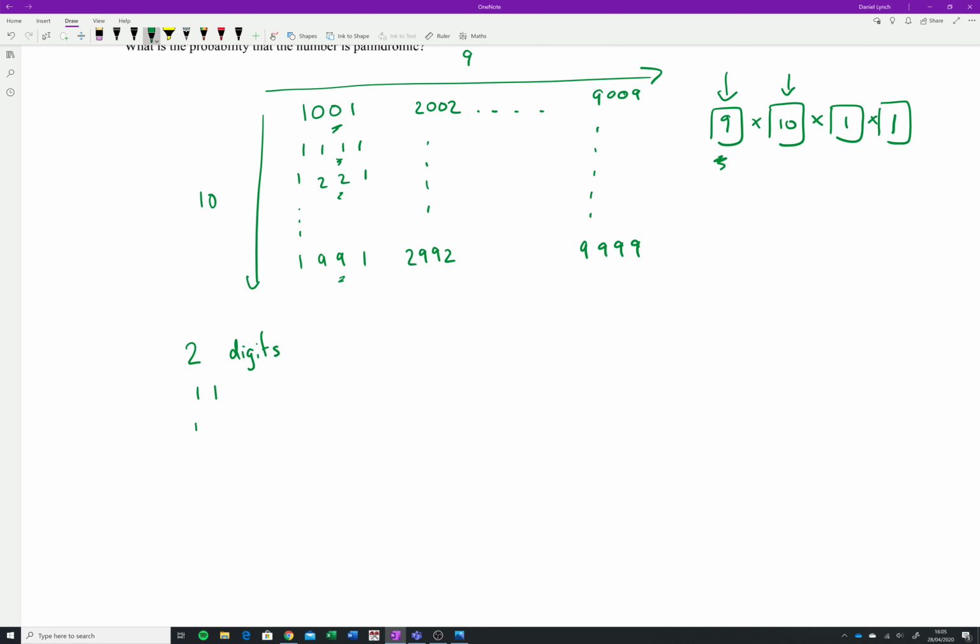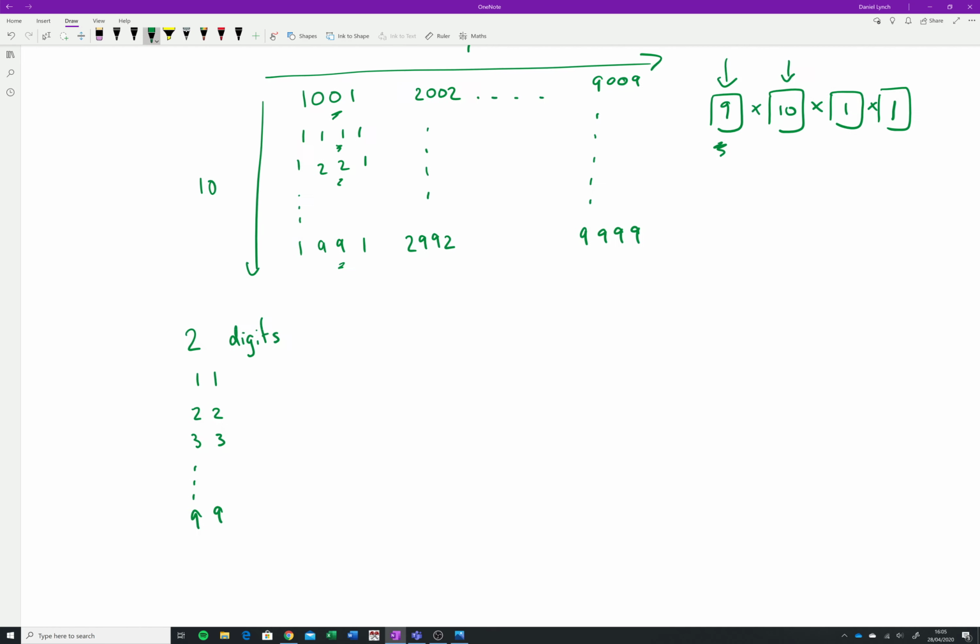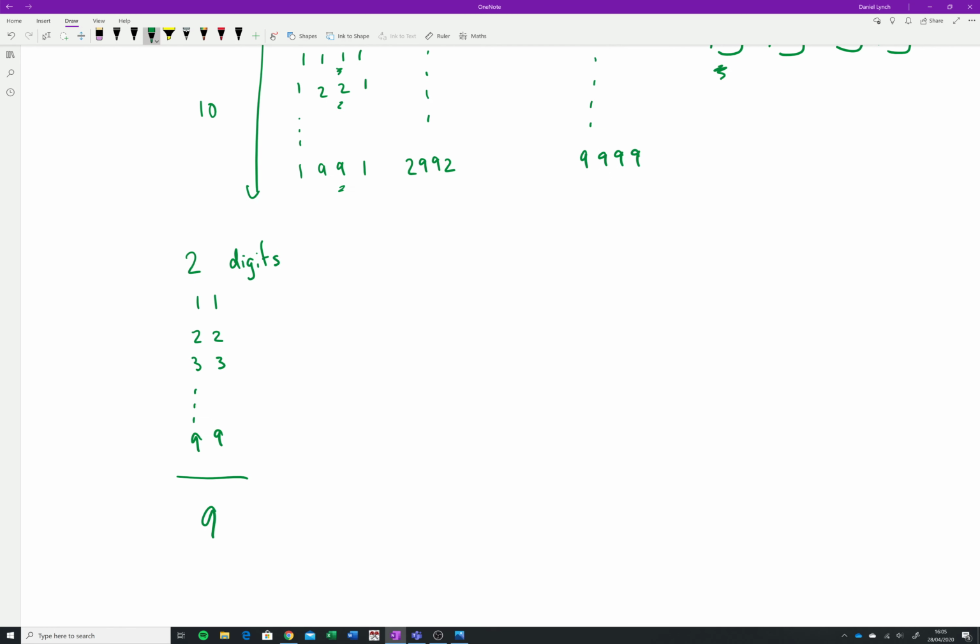You've got 11, 22, 33, etc., all the way down to 99. So there are 9 options in total here. What you could have just said by a box method was that I have 9 options for this, I've only now got 1 option for that, so it's 9 by 1.